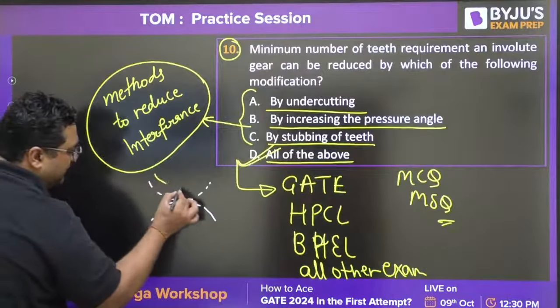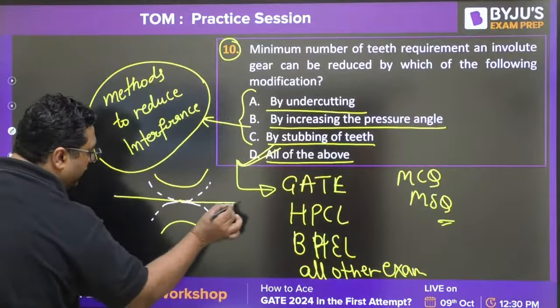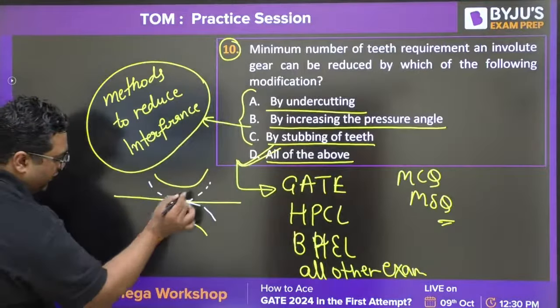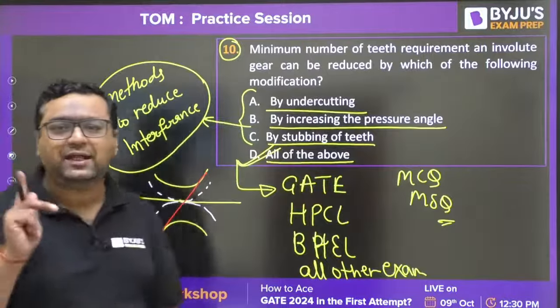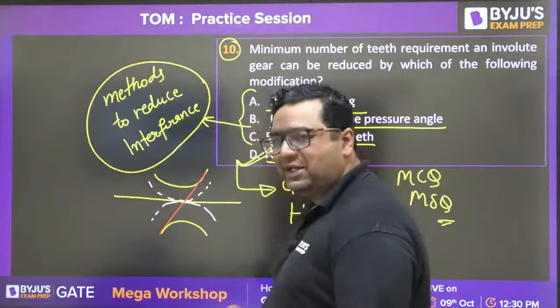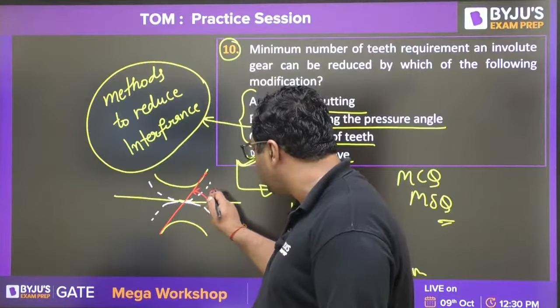Then we have base circles and a common tangent here. When we take the line of action, the line of action is tangent to both base circles. This is the pressure angle.